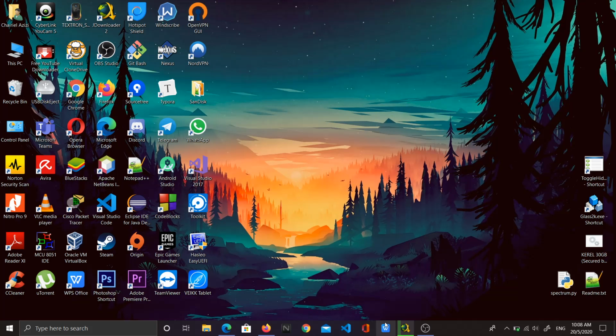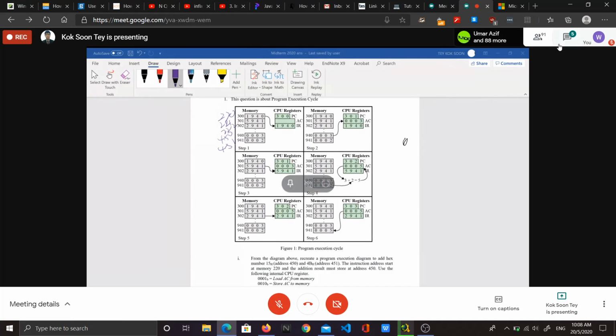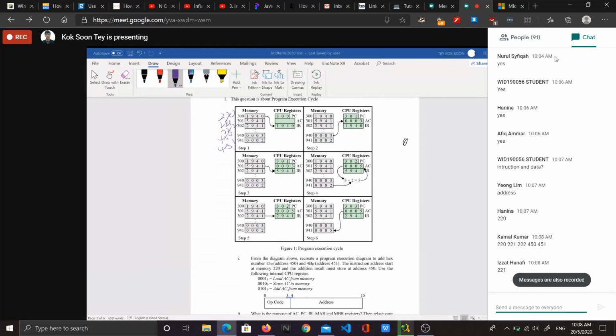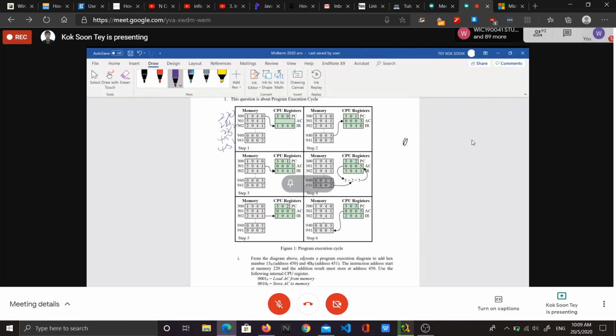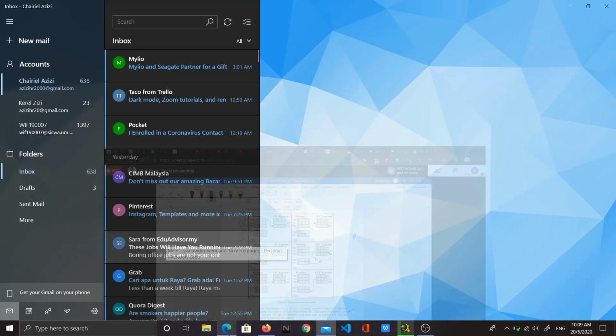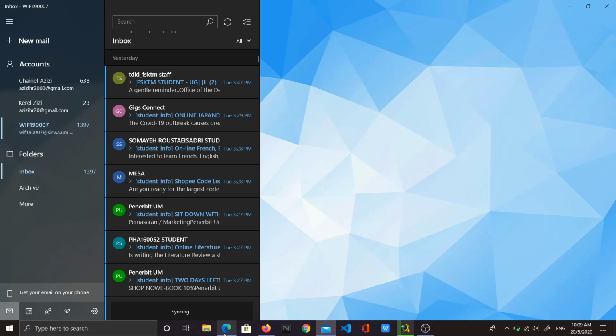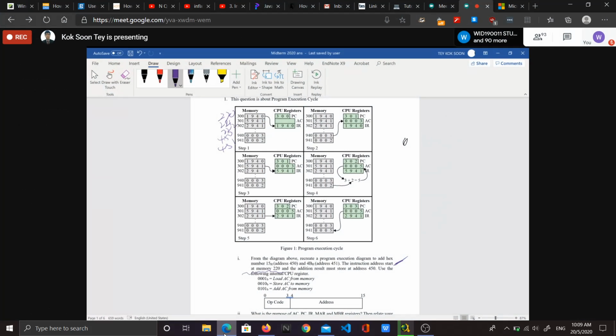Okay, then the content inside the memory for 220. Clear? They told you the instruction address starts at memory 220, right? The next one should be 221, the next one should be 222, right?